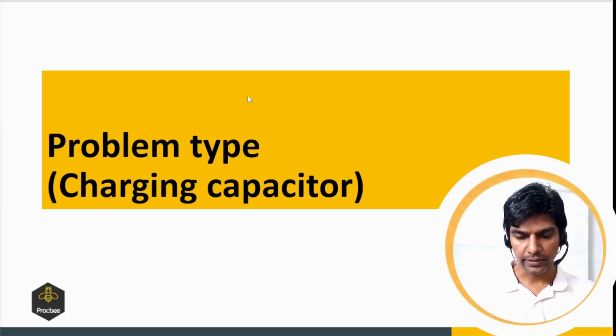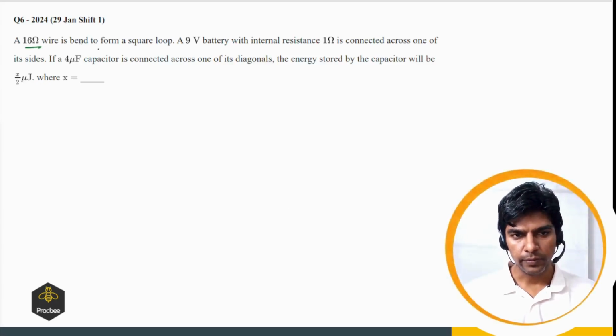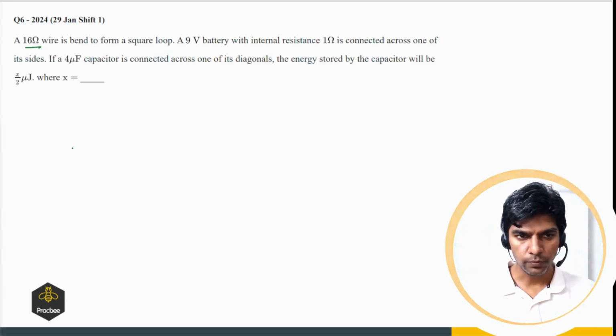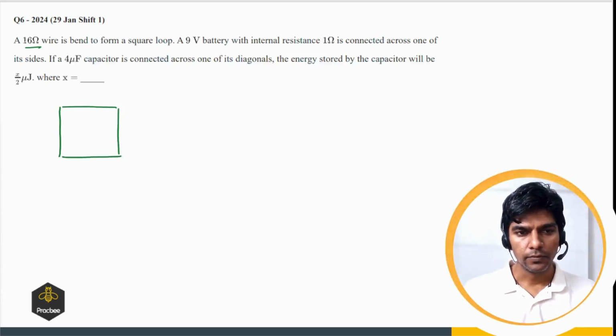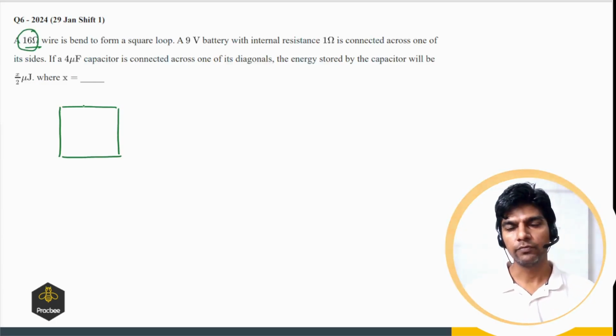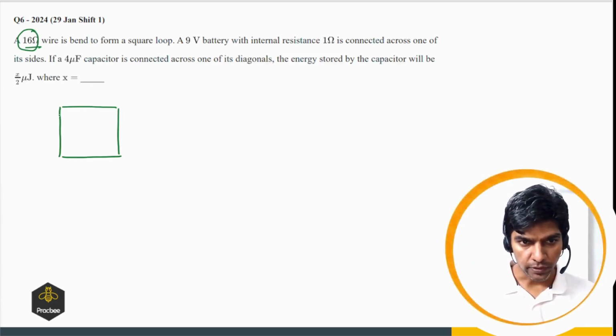Right, so now let us see the next problem type, and it is based on the charging of capacitor. Let us see the question. A 16 ohms wire is bent into a square loop. So we have a wire and we are forming a square loop. If it is a 16 ohms wire, and we know that in case of a uniform wire, the resistance is proportional to the length, so each side will have a resistance of 4 ohms.